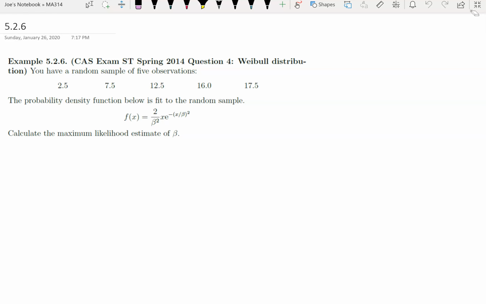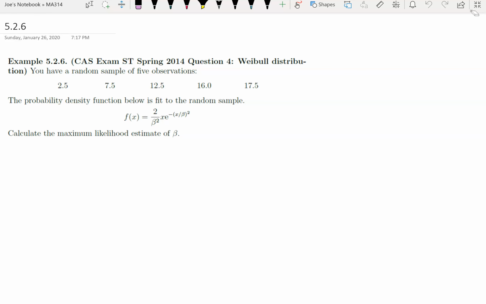So the idea is you're taking this sample, you think you've got a PDF that describes your distribution based on past experience, or other people's experiences with these types of data. You're trying to figure out a way to estimate the PDF for your purposes based on your data. So we want to use the one that maximizes the likelihood.